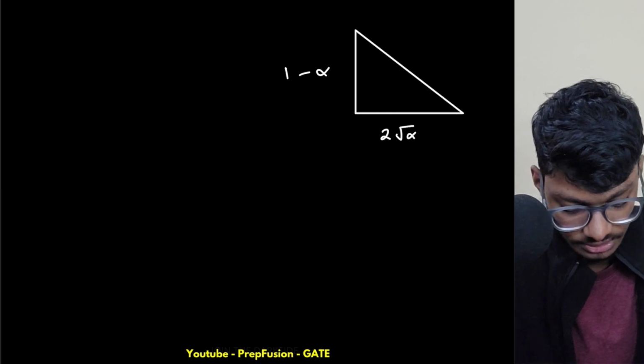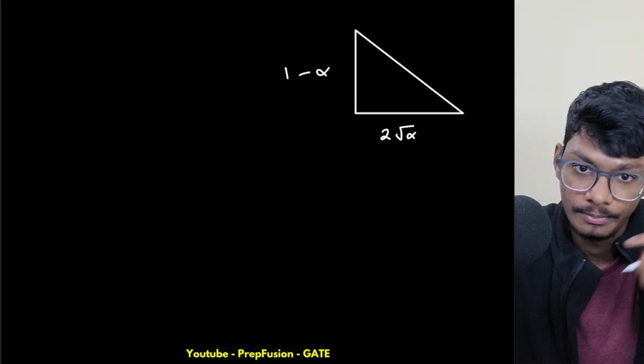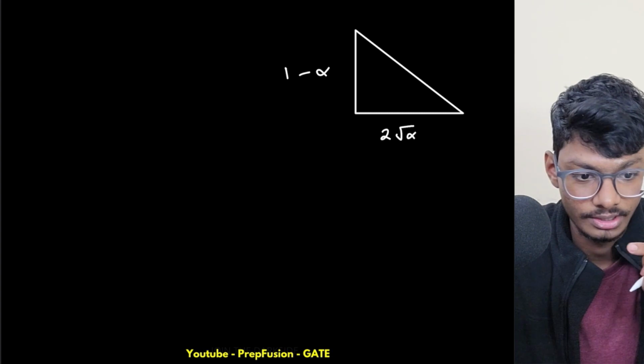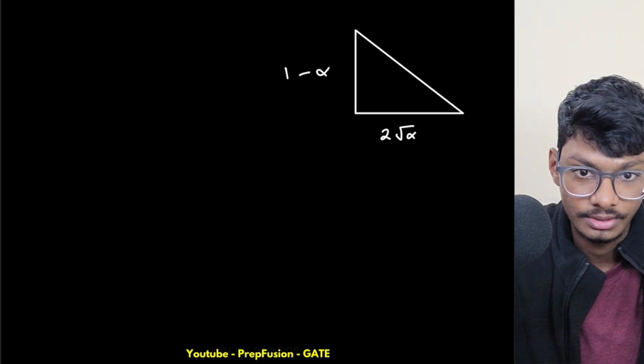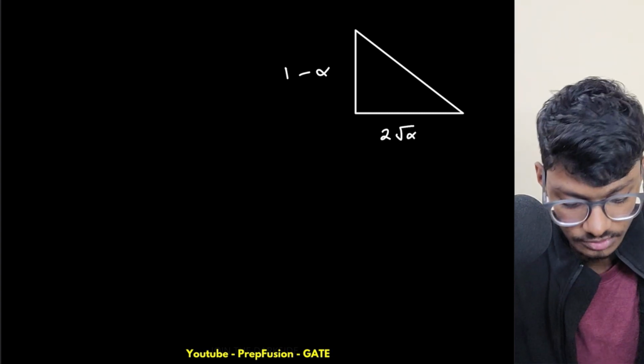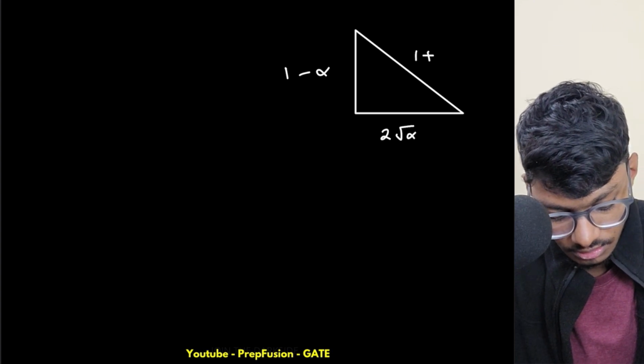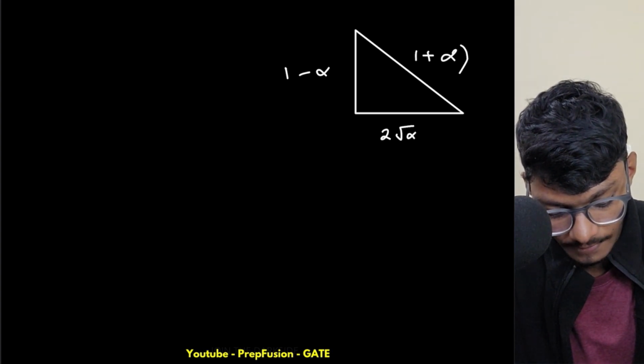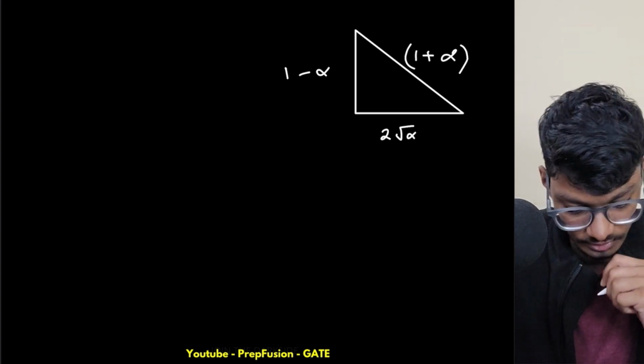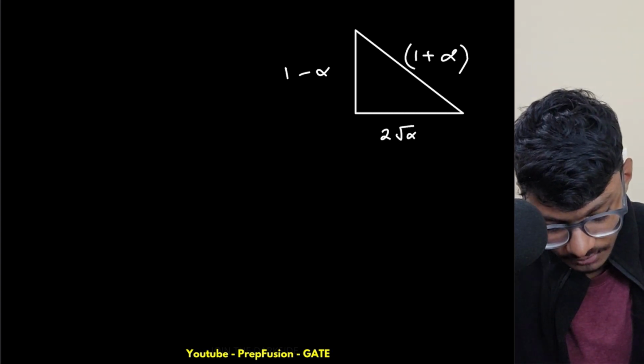And what is the hypotenuse? Hypotenuse is under root of 1 minus alpha whole square plus 4 alpha. So it becomes under root of 1 square plus alpha square plus 2 alpha, which becomes 1 plus alpha. Okay, 1 plus alpha comes. So this is the phi m basically.